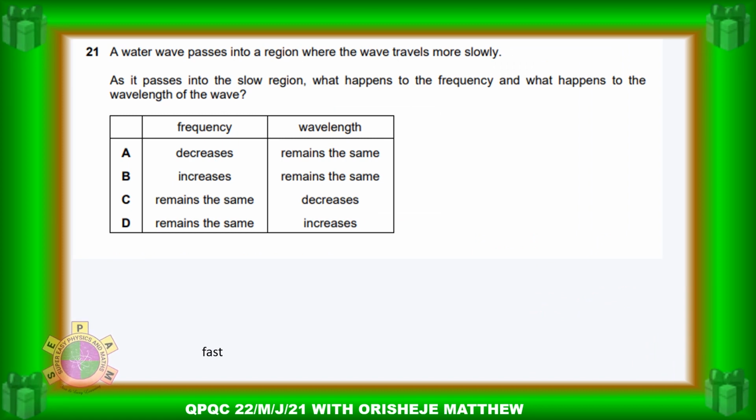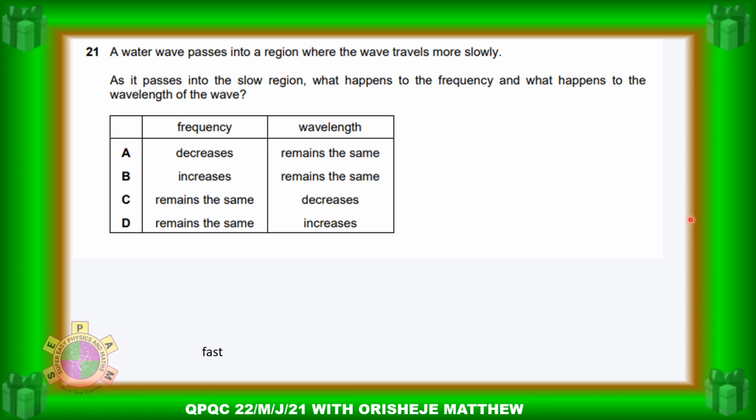Question 21. A water wave passes into a region where the wave travels more slowly. So it's moving from a high speed region to a slow speed region. As it passes into the slow region, what happens to the frequency and what happens to the wavelength of the wave?